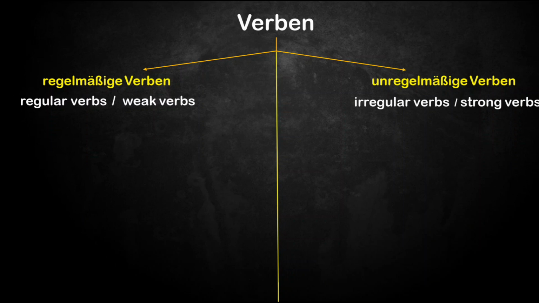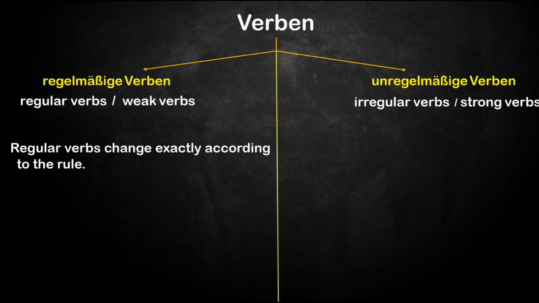Now regular or irregular, weak or strong doesn't refer to their usage, but only to the changes that occur in them while we conjugate them. It can be subtle changes or strong changes, which we will see by examples. But first we will differentiate between them. Regular verbs change exactly according to the rule. Yes, they are easier to conjugate because the changes occurring in them are subtle.